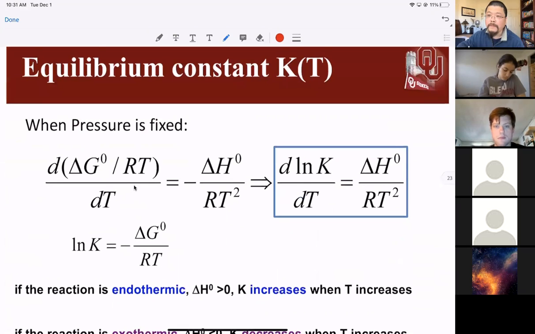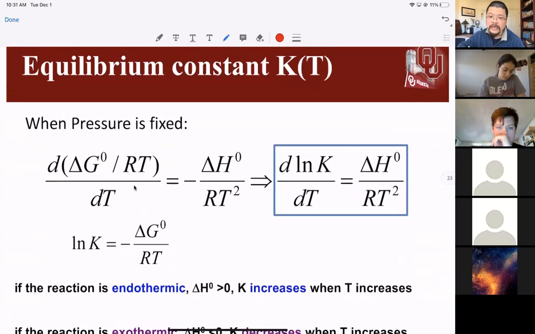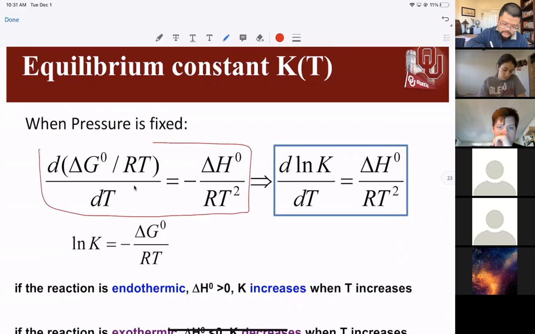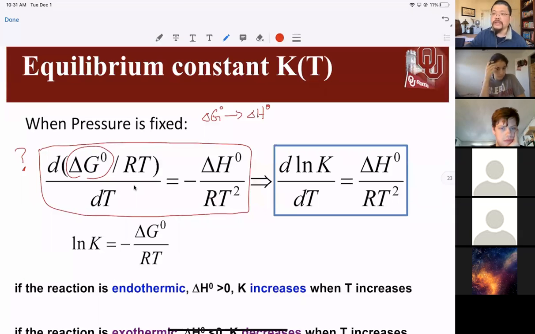So I'm going to stop here, but I want to leave this slide and I'll come back and hopefully someone will help us to understand how do I receive this equation. Okay, so this is the last thing I want to mention, and I hope you will come up with understanding and help me to address how do I move now from delta G to delta H. Of course, this is the same standard state calculation.